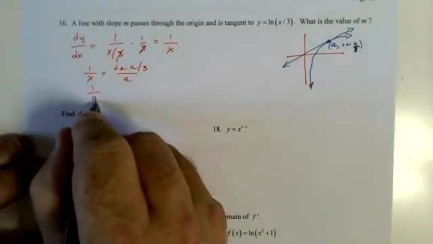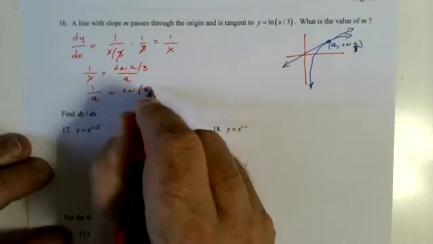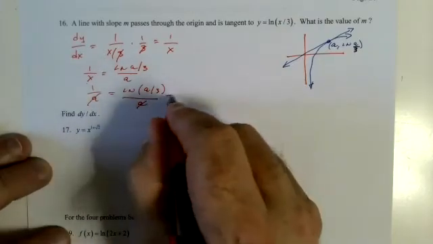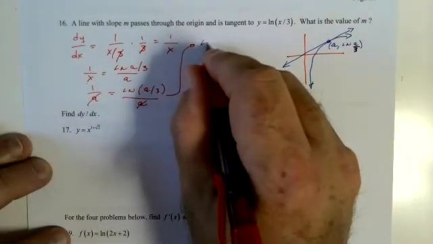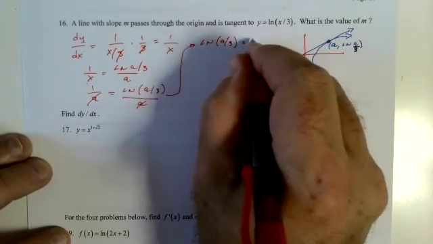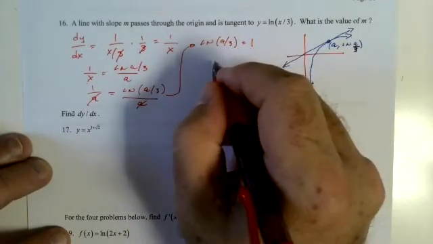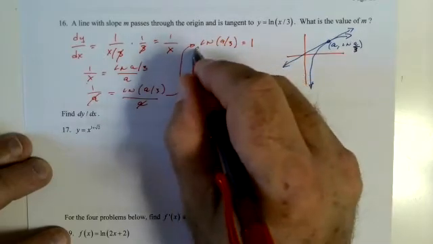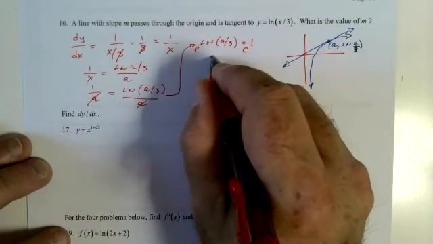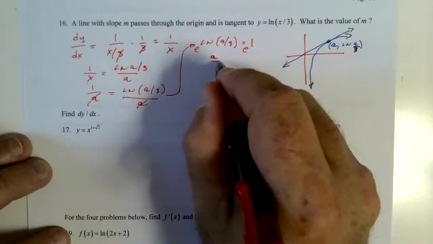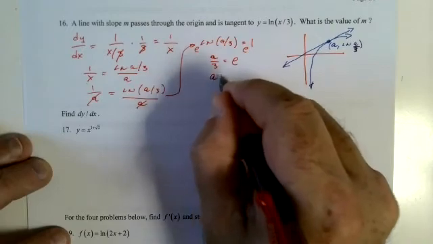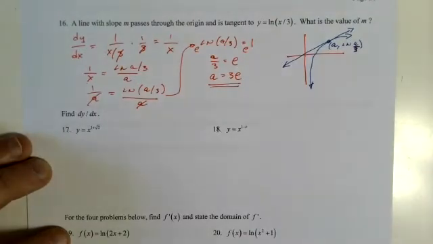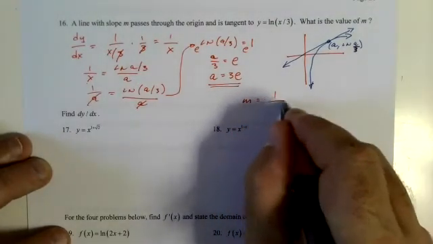So it's 1 over a, ln of a over 3 equals 1. e both sides. And the slope is 1 over 3.